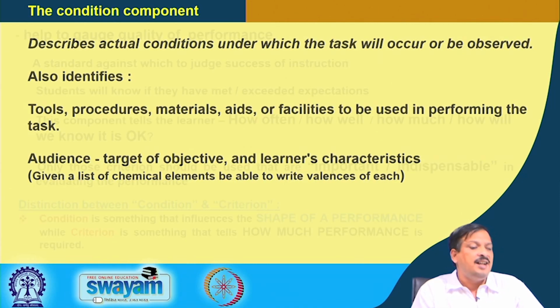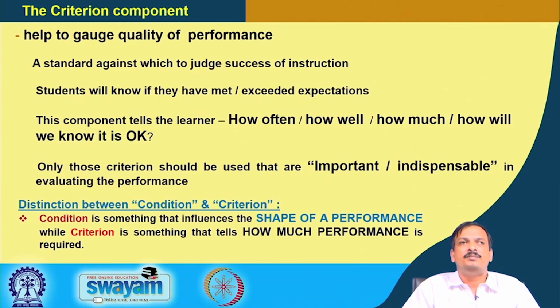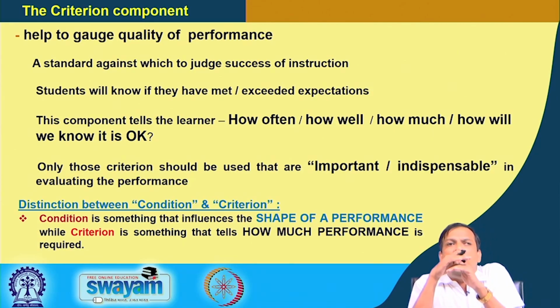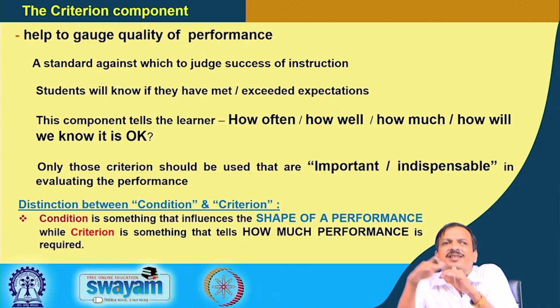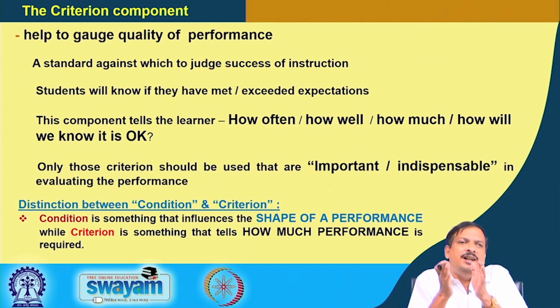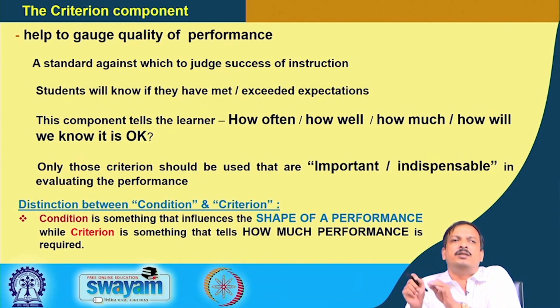Then criteria component. This actually makes that performance a standard. How much performance is sufficient for this instruction? Suppose an institute said solve differential equation, then for that particular program, they thought that up to second order differential equation is sufficient.